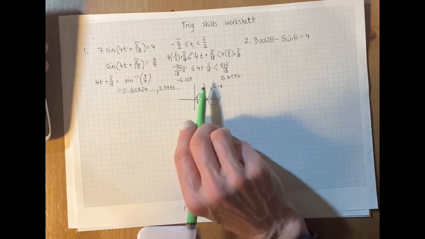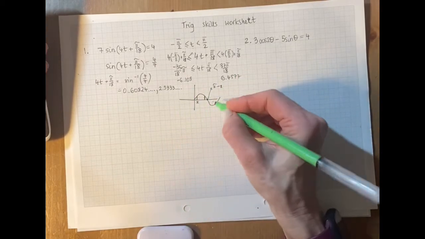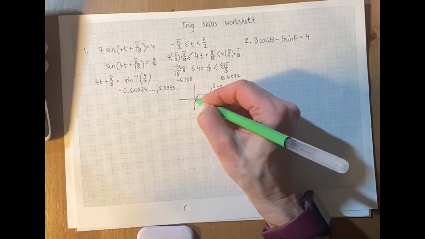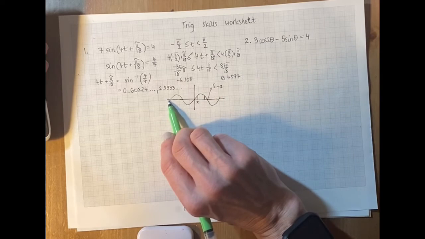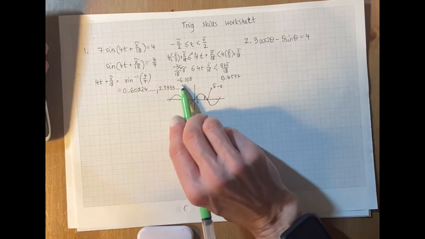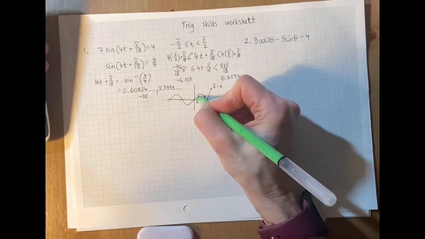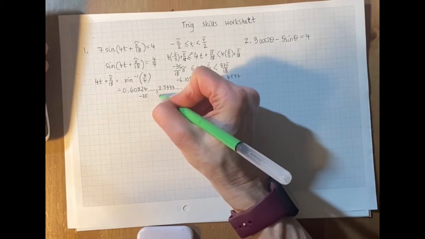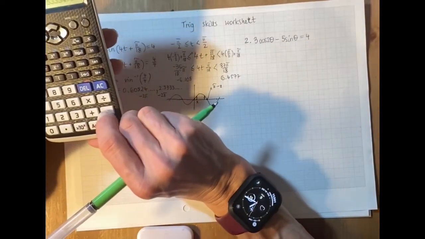But obviously this is taking us up to 6 on the positive. There won't be any more on the other side, so we need to find the other 2. Because we need to go down to negative values, we're going to take away 2 pi, because these 2 solutions repeat themselves every 360, which is 2 pi. So we'll do the top one first.